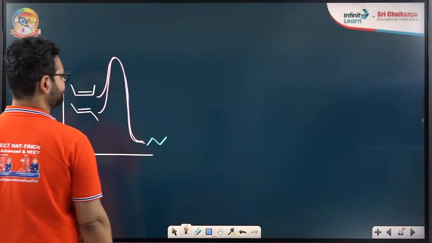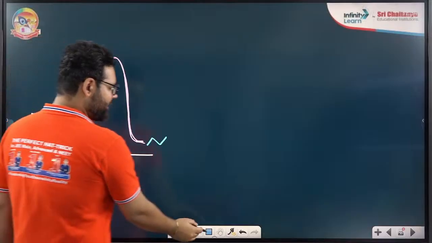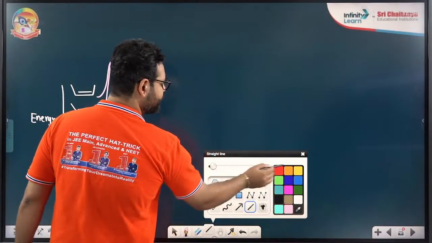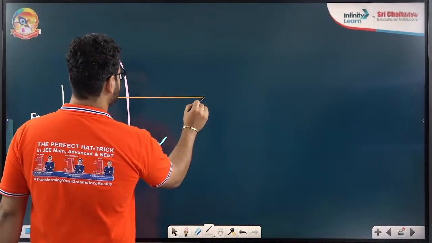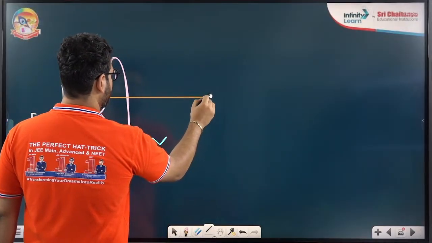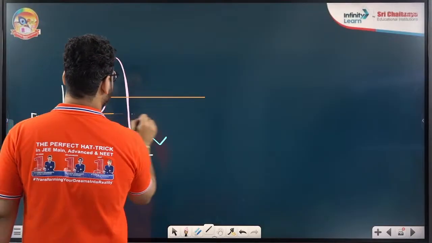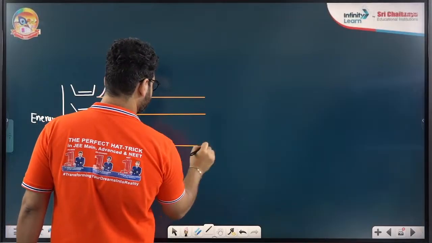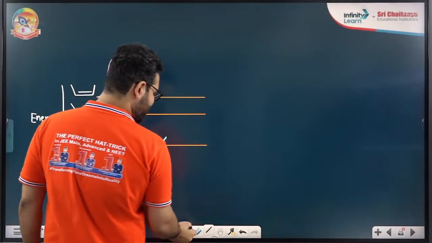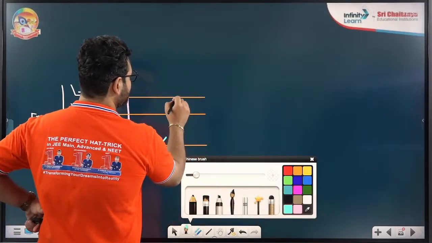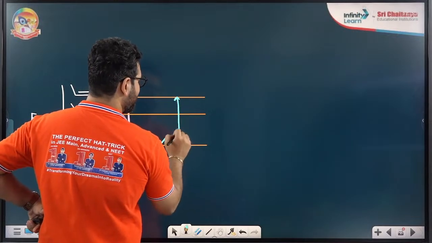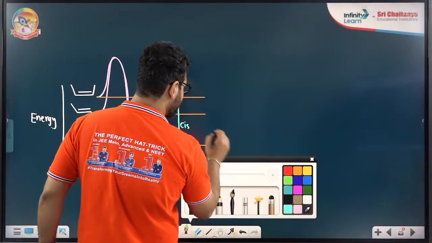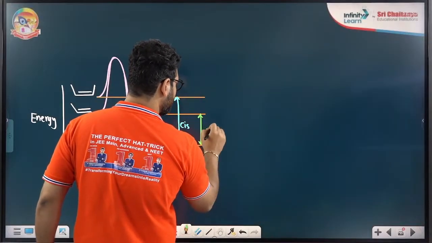Delta H means the difference between the energy of reactant and product. This is the energy of cis, this is the energy of trans, and this is the energy of the product. So delta H is the difference in energy. This is going to be delta H for cis, and this is delta H for trans.